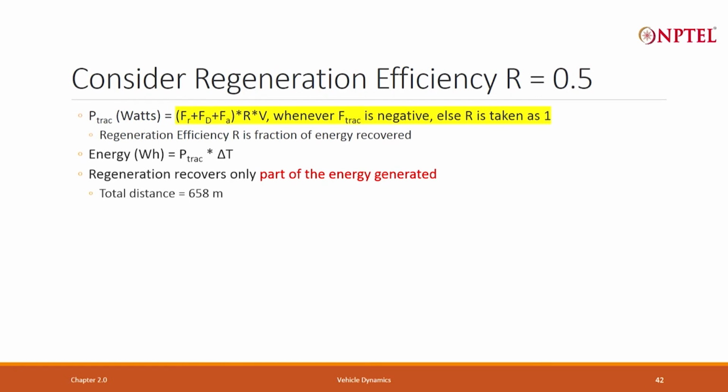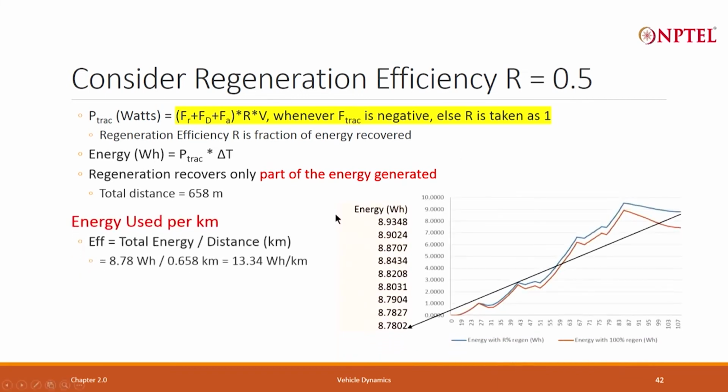My total distance travelled remains the same, 658 meters, but now look at this red curve. The red curve is with 100% regeneration, the blue curve is slightly higher. In the beginning it is the same, but regeneration does not recover the full energy, it is only recovering 50%. R I have taken as 0.5.